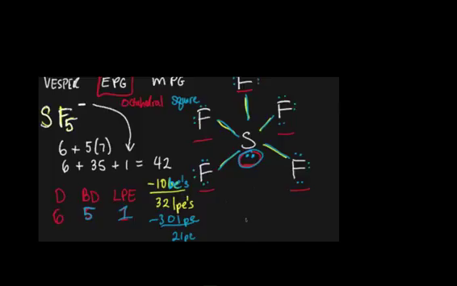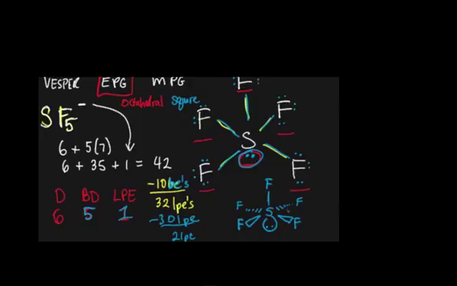So the way we draw this now, 3-dimensionally, is we would have fluorines going into and out of the page. Out of the page is marked by a wedge. Into the page is delineated by the dashed line getting smaller. And then we would have a fluorine up here, and a lone pair down there.